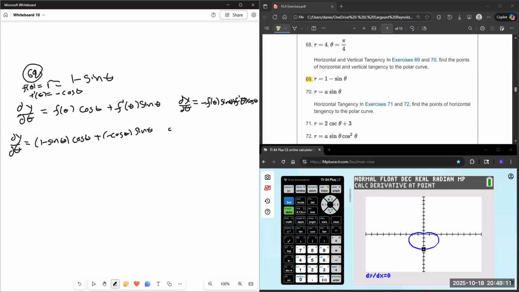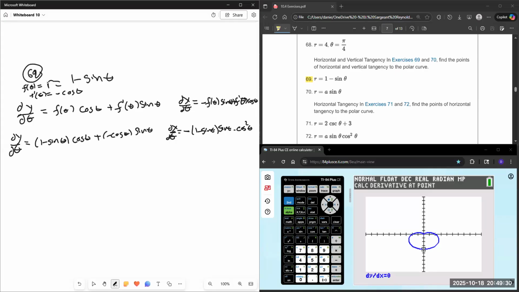Our dx/d theta will be a negative 1 minus sine theta times sine theta plus a negative cosine theta times cosine theta.